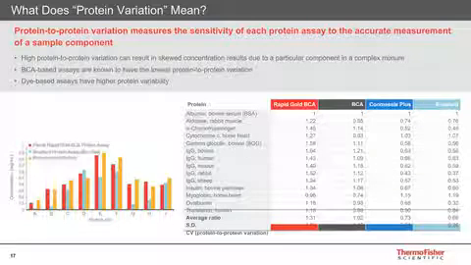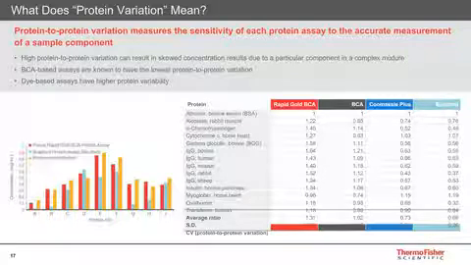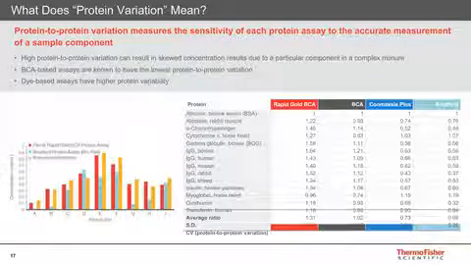The table below shows protein-to-protein variability measured with 14 different proteins. All of these proteins were made at 1 mg per mil concentration and their absorbances were measured. The ratio of the absorbance was calculated to the absorbance of BSA, which is why you see a value of 1 here.